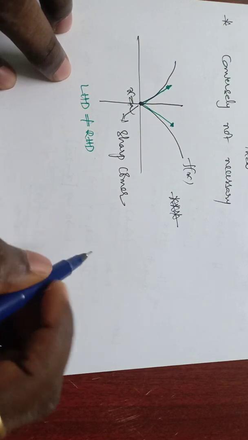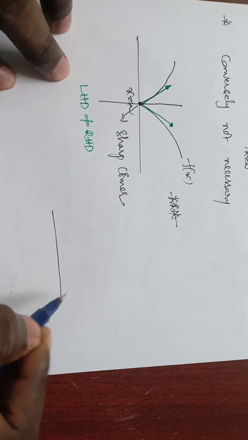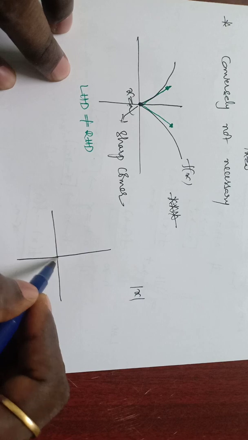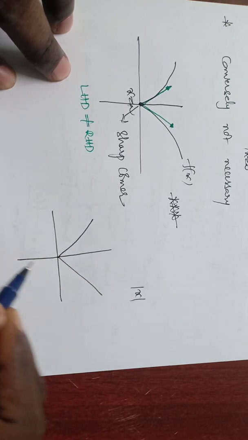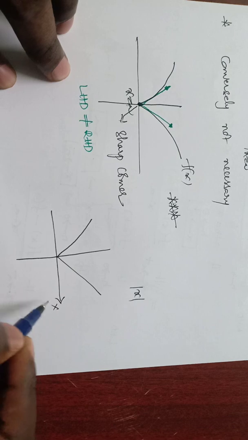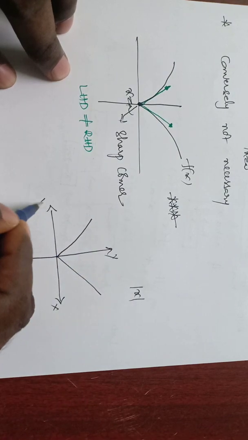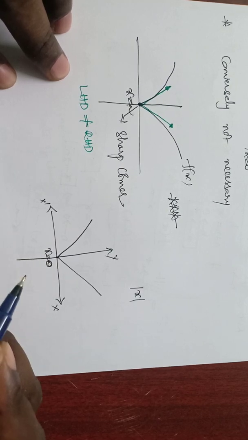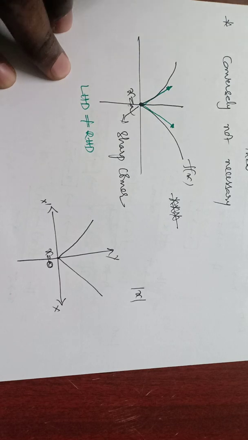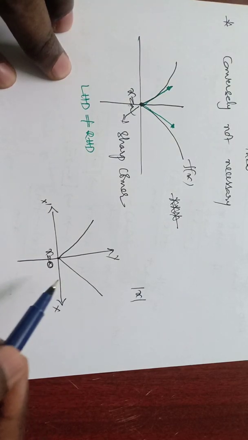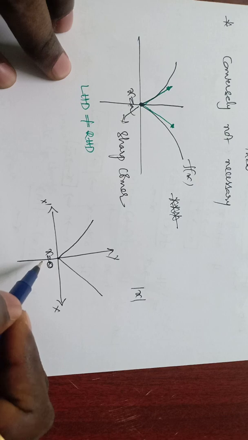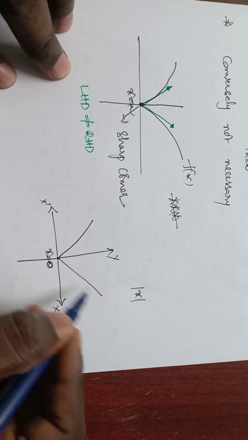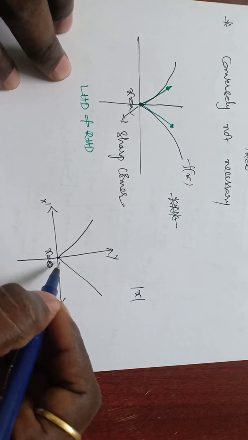Clearly, we have one more, that is the modulus function, mod x. If I take mod x, what is the graph of mod x? It should be like this. Now clearly at x equal to 0, it is not differentiable. Why? Because mod x is continuous everywhere, but at x equal to 0 it is not differentiable. Coming to the graph of mod x, here what is the left derivative?